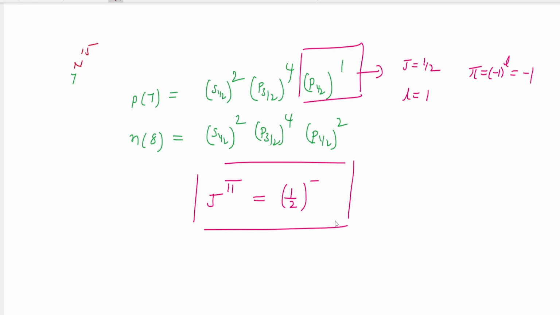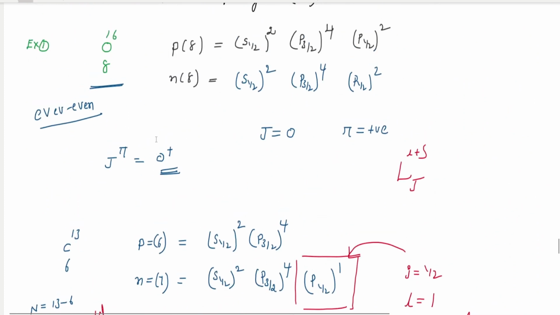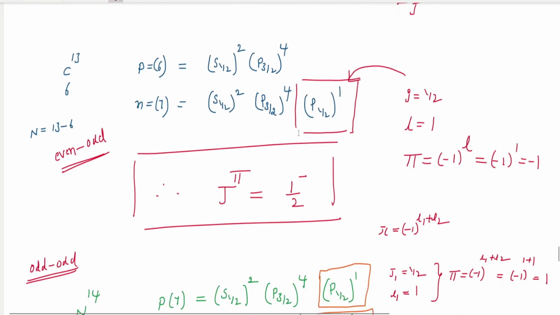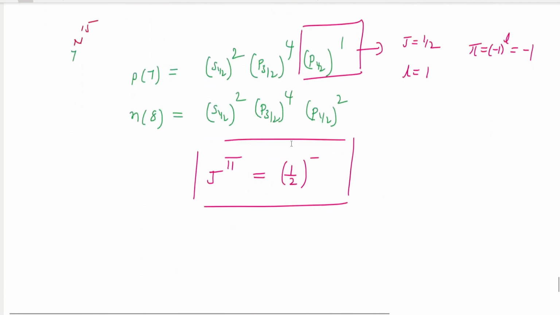Next, oxygen. So maybe, yeah, oxygen is there. They have given oxygen 17. Okay, so similar thing they are finding. 2010 there, 2011, 2008, 2011 question.